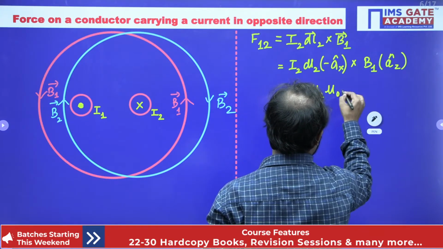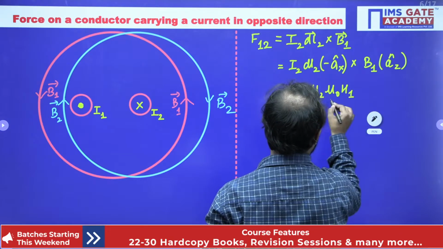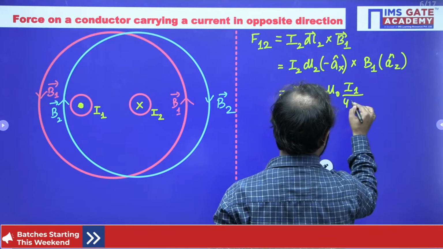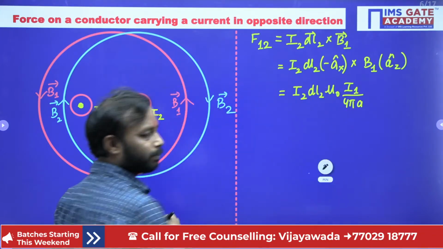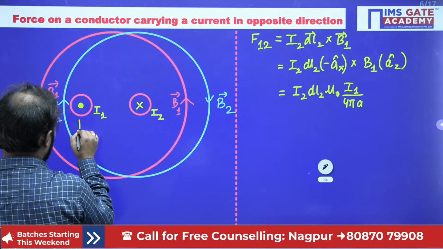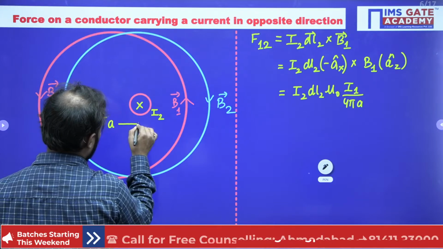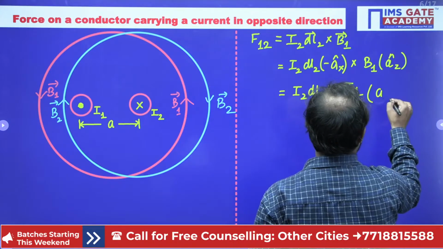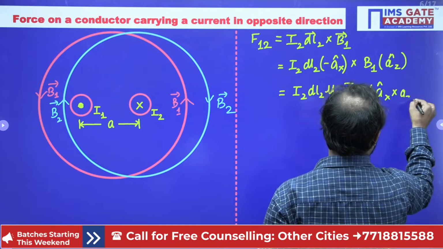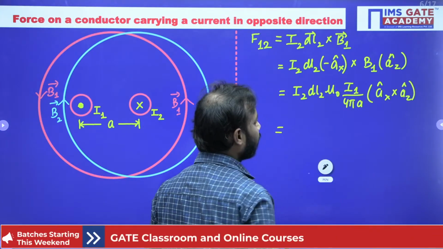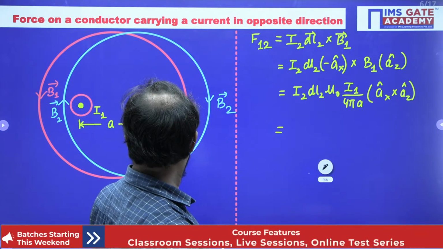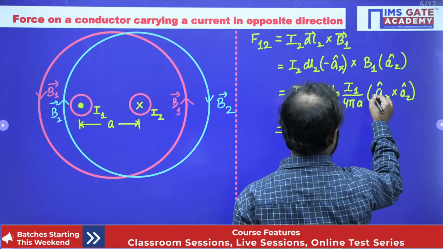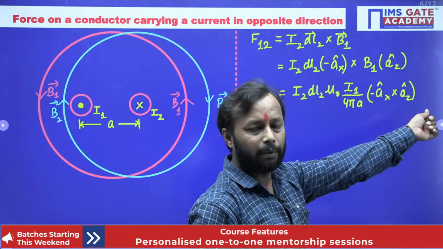B1 is mu naught I1 upon 4 pi A. This we have seen. What is A? A is the distance between these two conductors. This is A. And what is the direction? AX cross AZ vector. So what is AX cross AZ? AX cross AZ is minus AY. We have a minus sign here, so minus AX cross AZ will be AY.